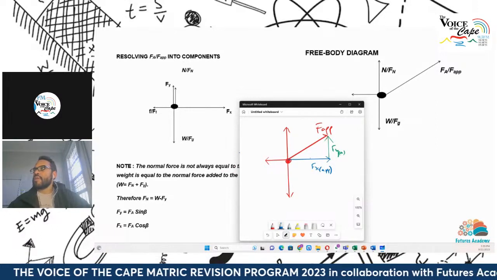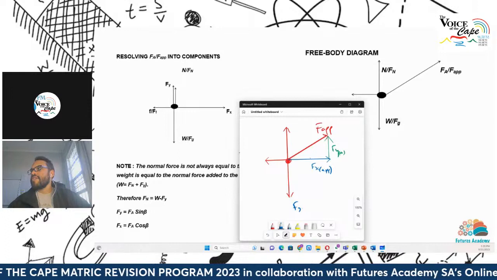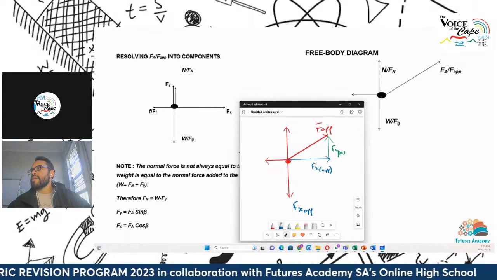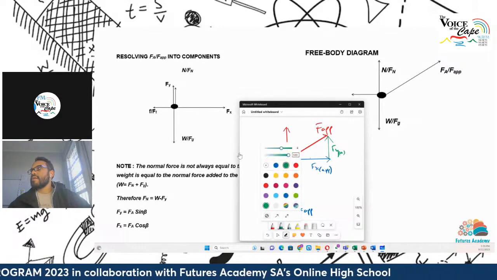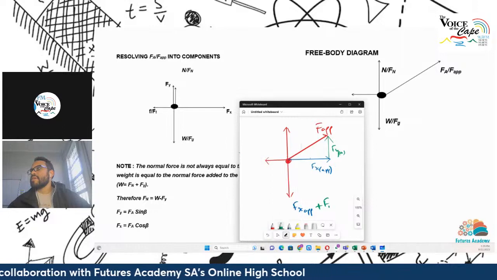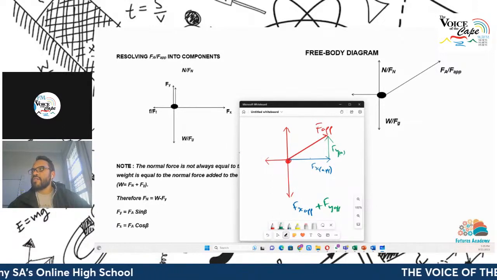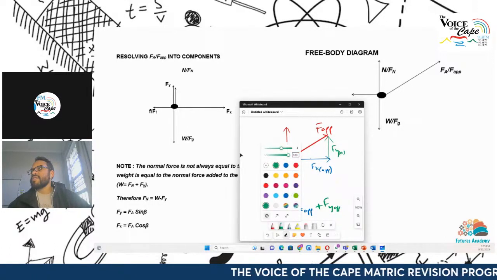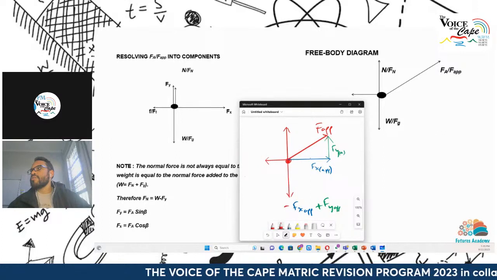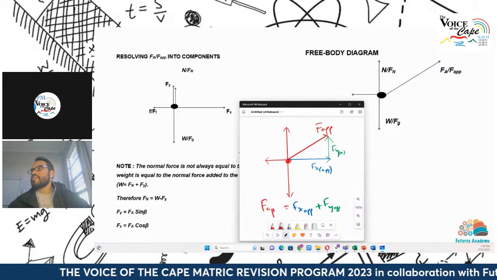Now, what I want you to remember is the following. Fx applied plus Fy of the applied force. This means the vertical component and the horizontal component of those forces is equal to the applied force.